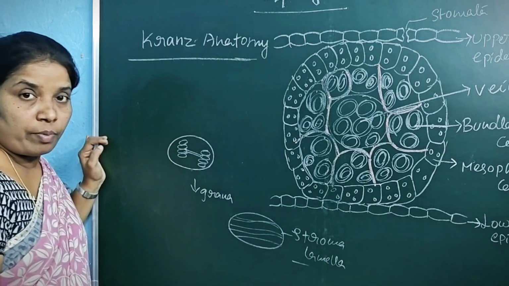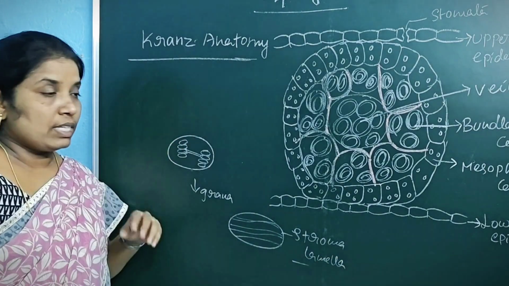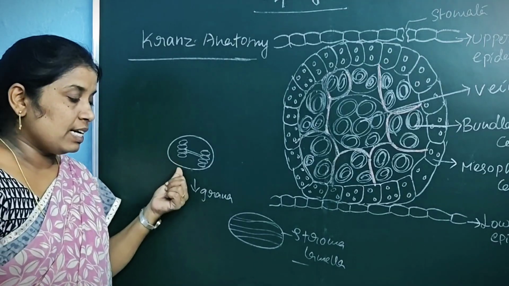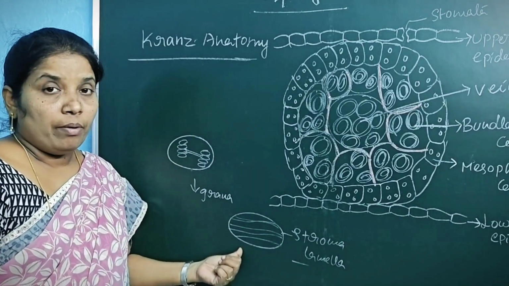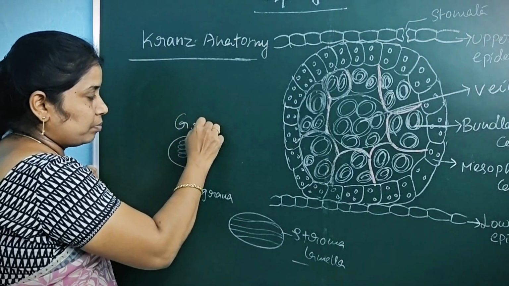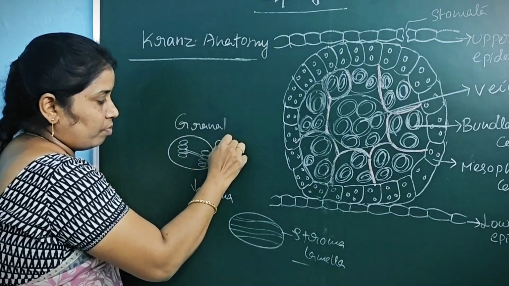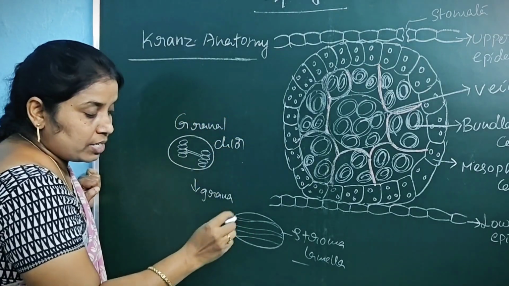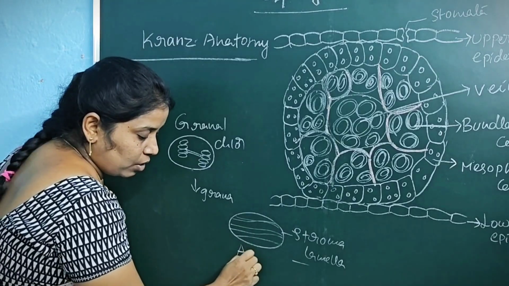This is the difference between the mesophyll cell and the bundle sheath cell. So mesophyll cells have granal chloroplasts, whereas bundle sheath cells have agranal chloroplasts.